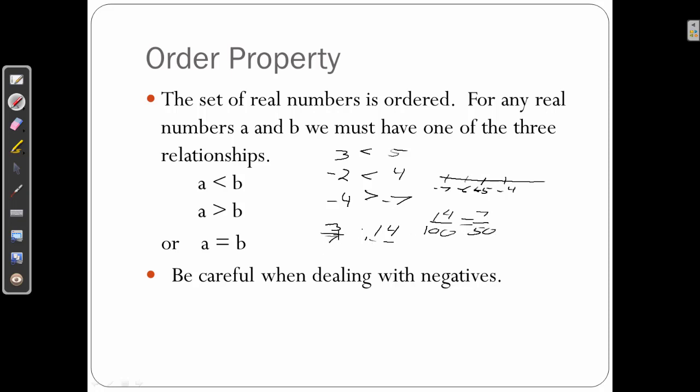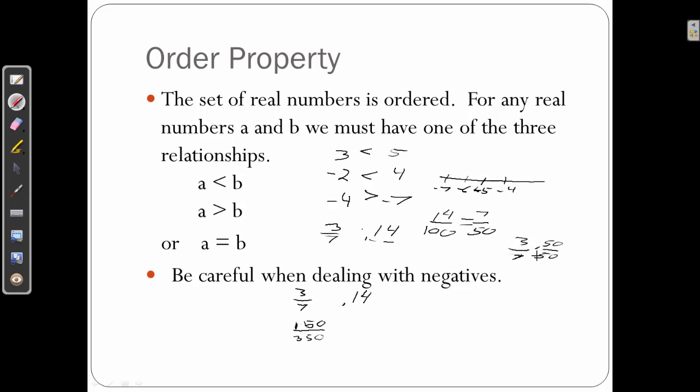So now all I got to do is get 7 and 50 to be common denominators. I don't think they have any common factors, so it'll just be 7 times 50. Rewrite the problem down here, I'm comparing 3/7 and 0.14. 3/7 times 50 over 50 will get me 150 over 350.